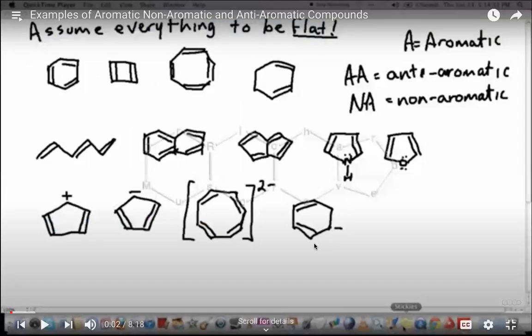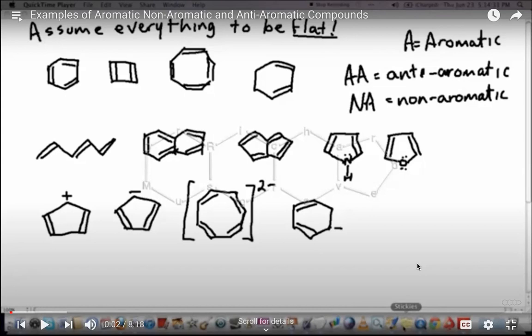Yes. These examples, right? So we're assuming everything here to be flat, and I've got three possible ways that we could say they're going to be aromatic, they're going to be anti-aromatic, or they're going to be non-aromatic.